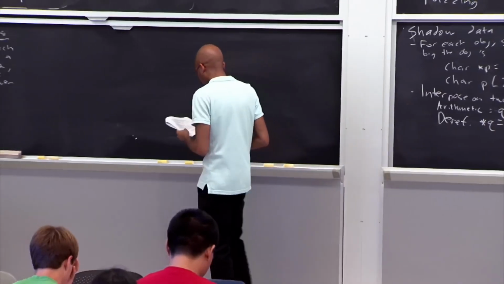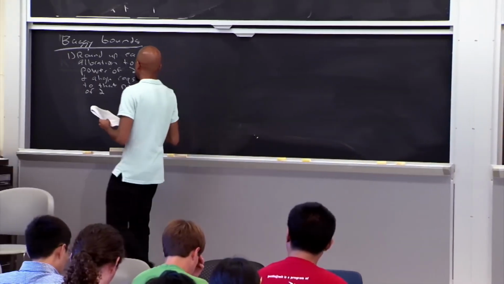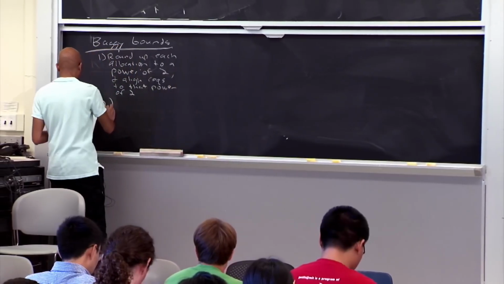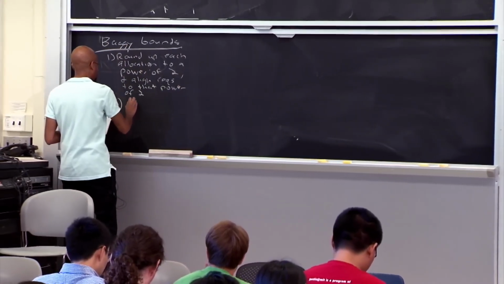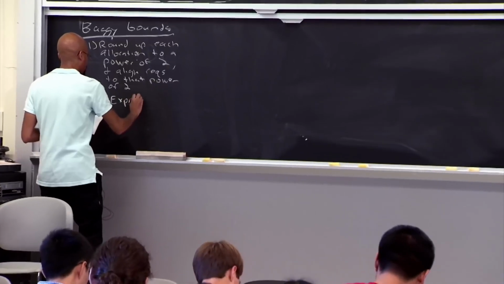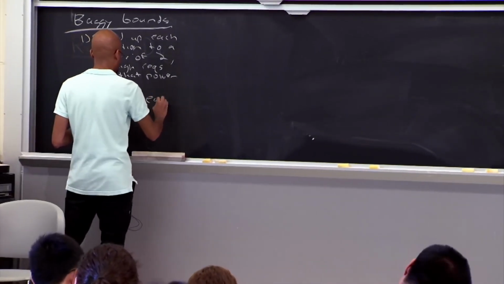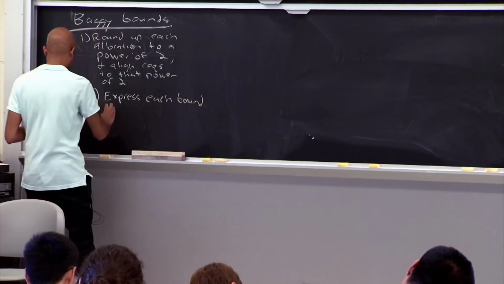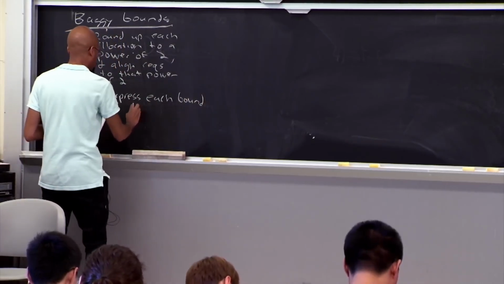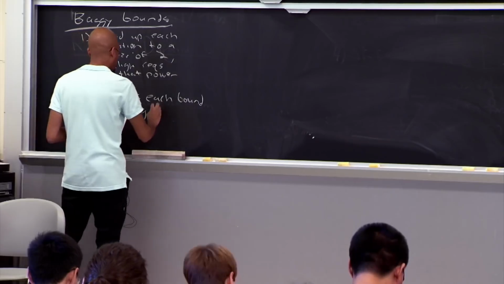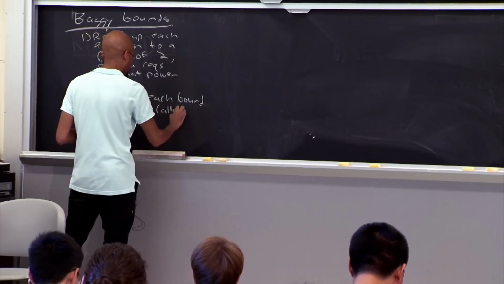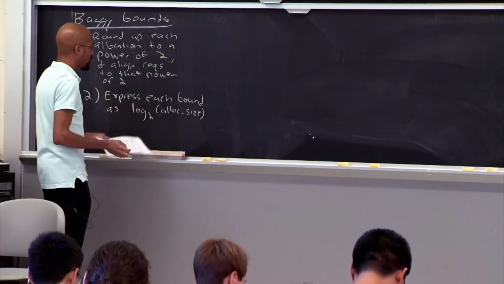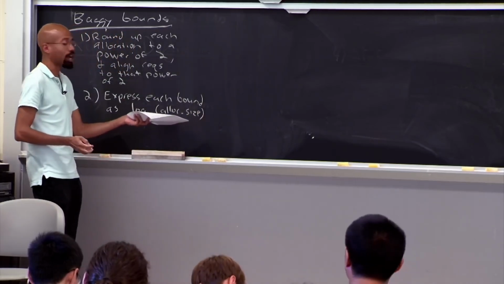And so the second thing that the baggy bound system does is you express each bound as log base 2 of the allocation size. So why can we do this?